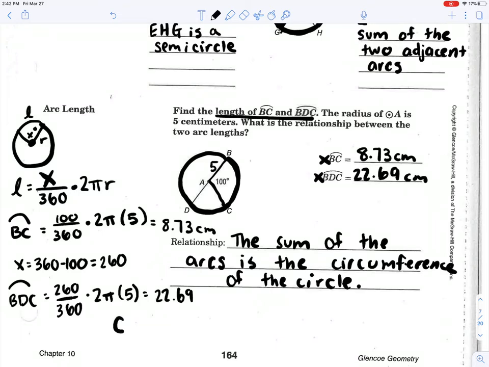You could even check that. The circumference is 2 pi r, which is 2 pi times 5. You're going to find out it's the sum of those two arcs. It's 31.42.